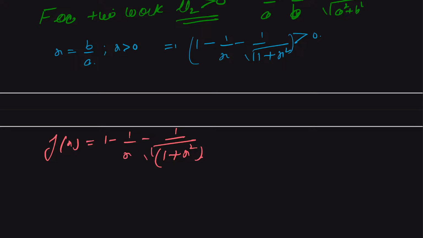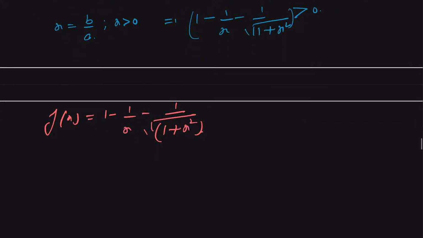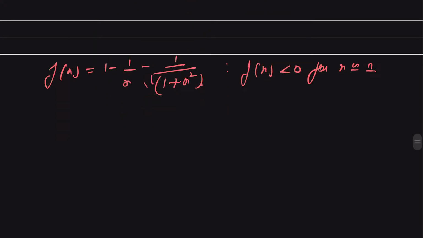So this f of x will be less than 0 for x approximately equal to 1. Because this negative sign is going to cancel out, and only the negative sign will be left, and this f of x will be going towards 1 as x tends to infinity.